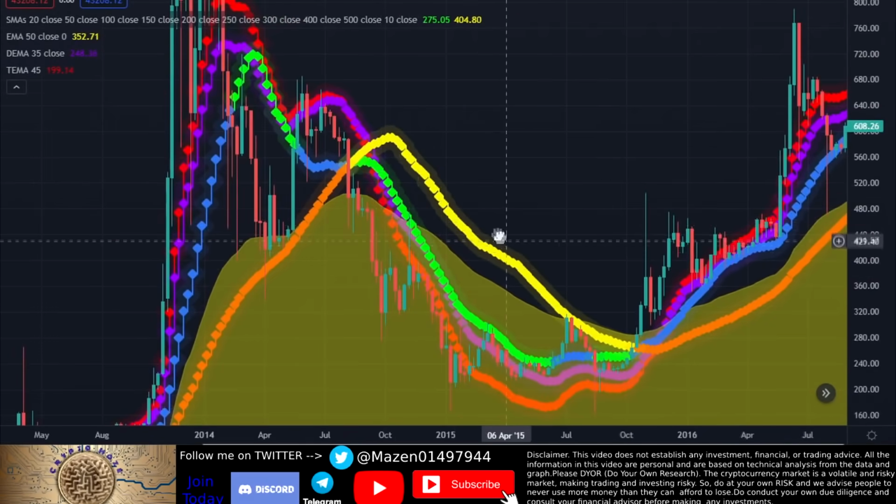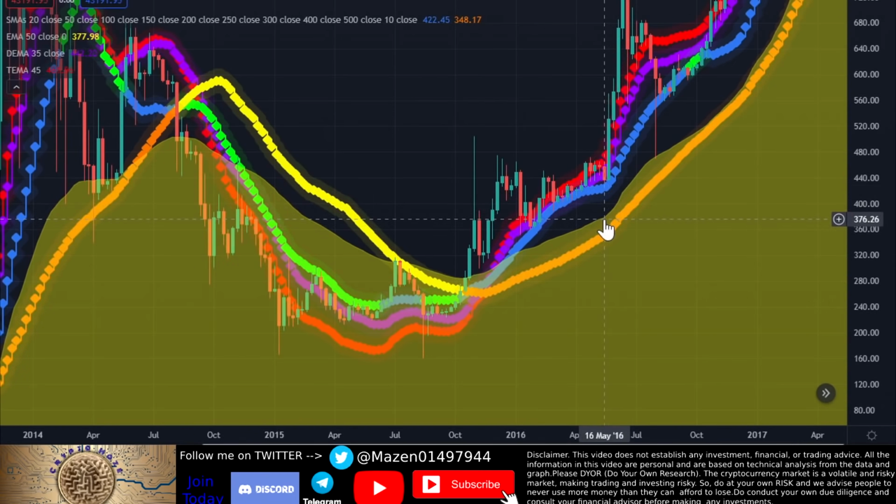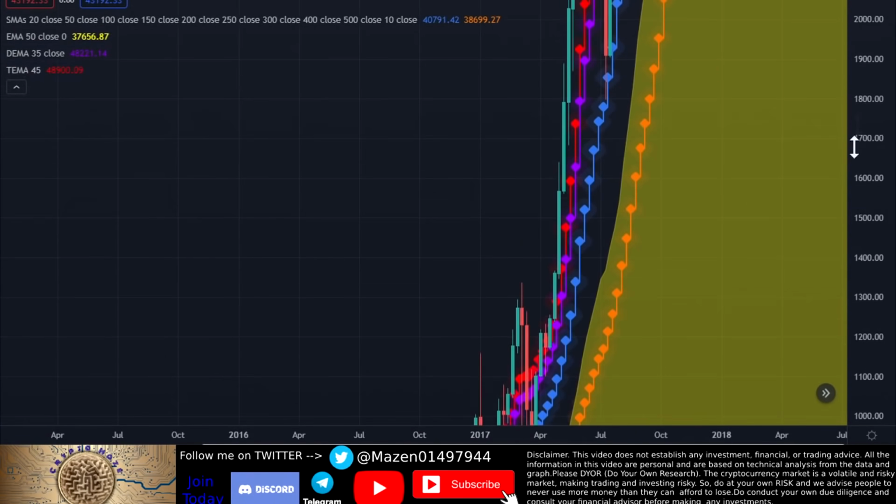And then you can see we went through a bear market, and then your yellow line, your 50 SMA, starts to go again towards the sea level, like a whale basically, and goes back to sleep and becomes orange. And then your other EMAs and DMAs start to go above sea level again, and your bullish color formation just forms again, red, purple, and blue, and the orange always on the bottom of the sea. And then you have your bull run again happening.